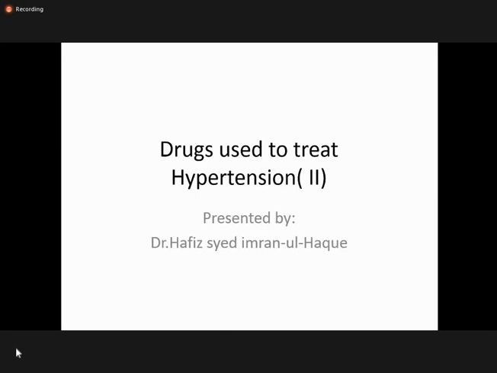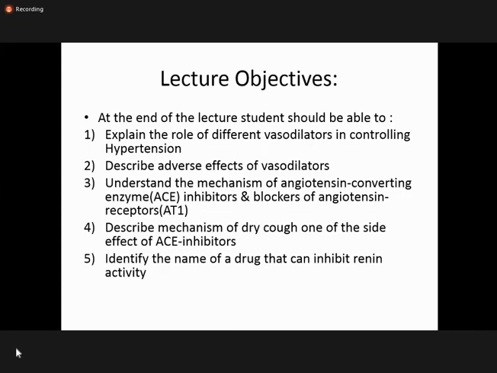Okay, our today's lecture is the second part, drugs used to treat hypertension. In this lecture, we have the following objectives.